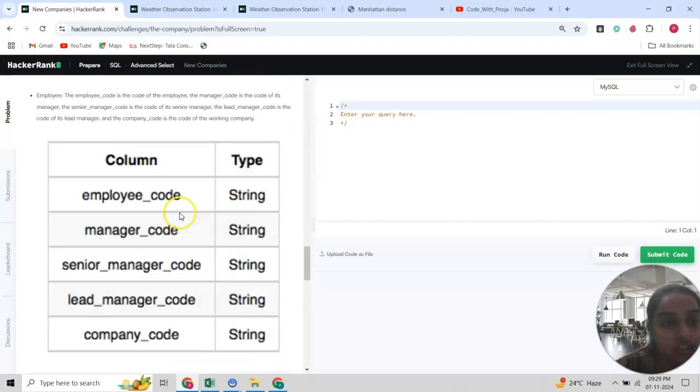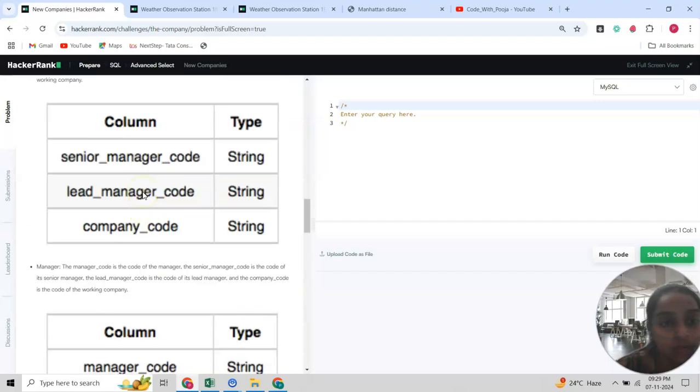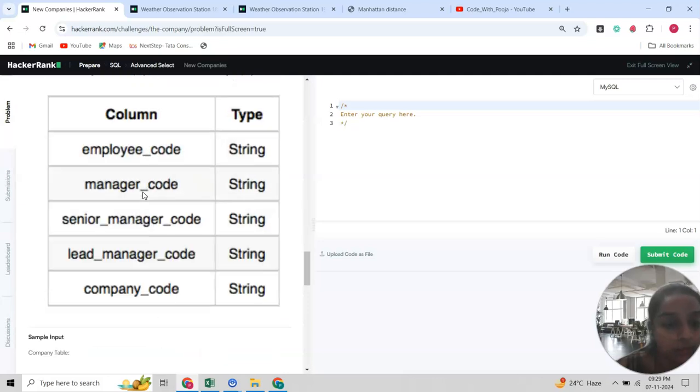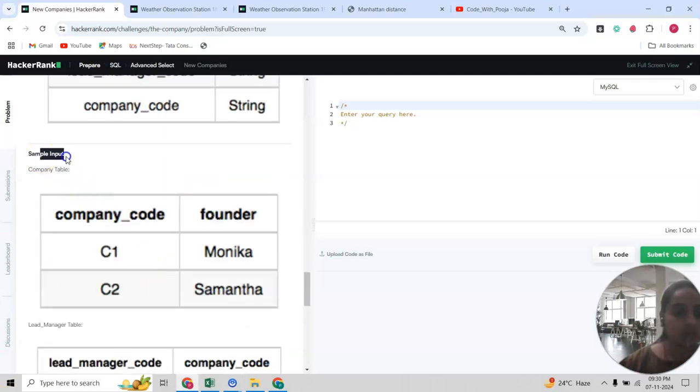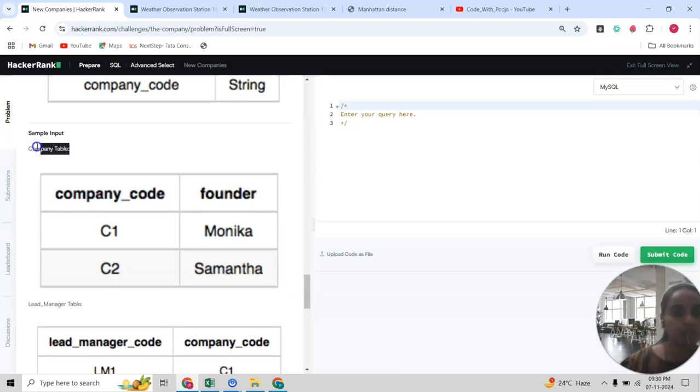This is the schema for the tables, showing how the tables are structured for the company. Now we continue with the sample output of what the tables may contain. It is sample data, not the actual data.